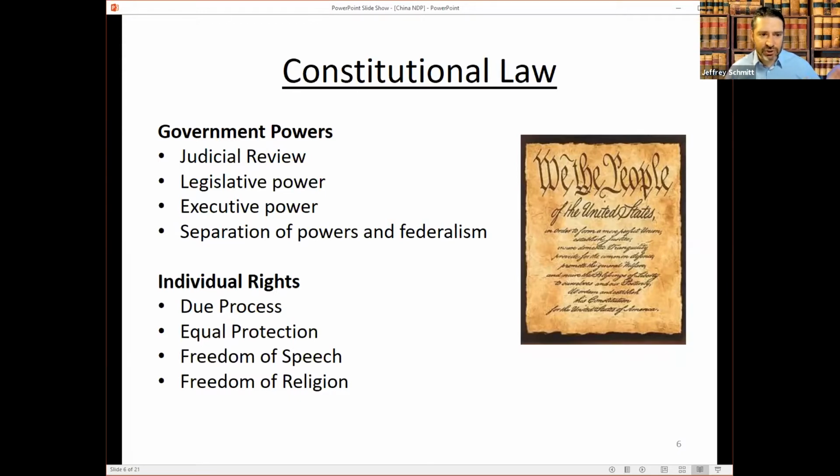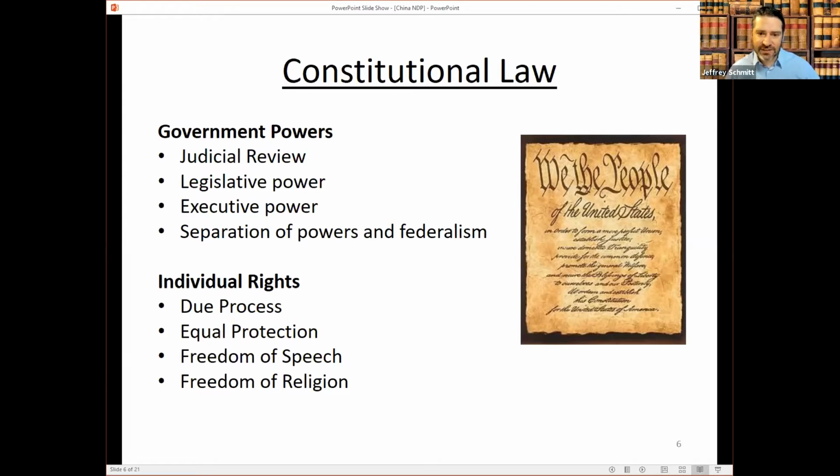So we'll talk about judicial power. That, of course, is important for us as lawyers, the role of the Supreme Court, legislative and executive power. And primarily what we're looking at there are the limitations on those powers, because we'll see the federal government cannot do whatever it wants. It's very different than the federal government in Korea.